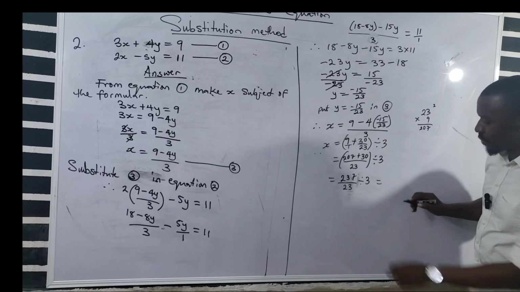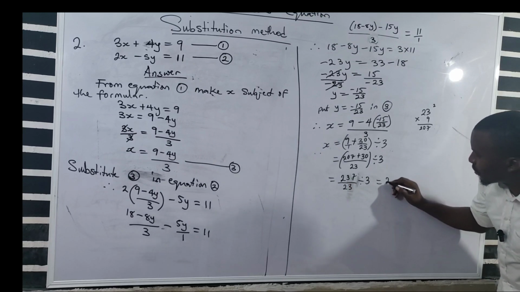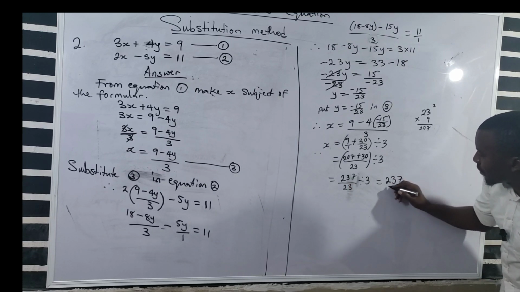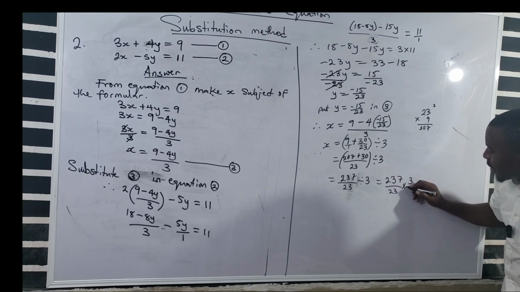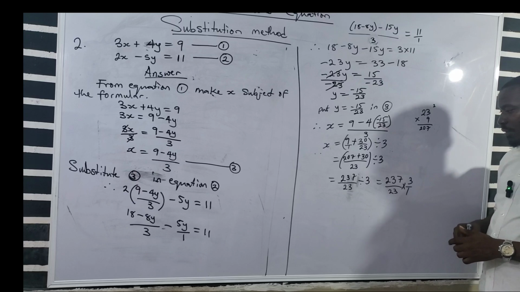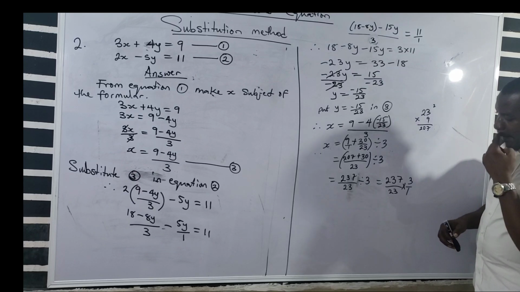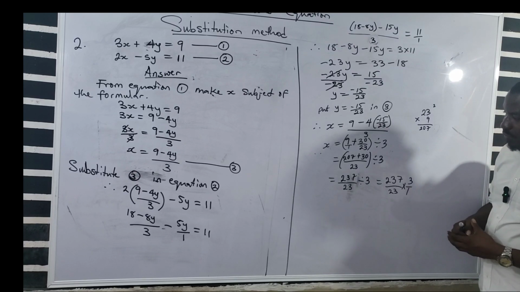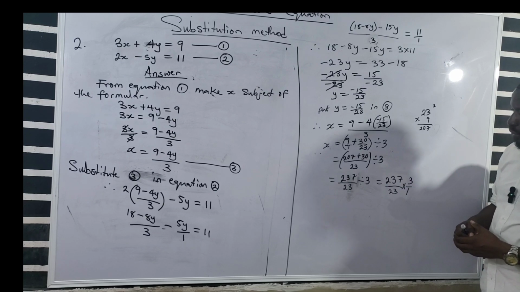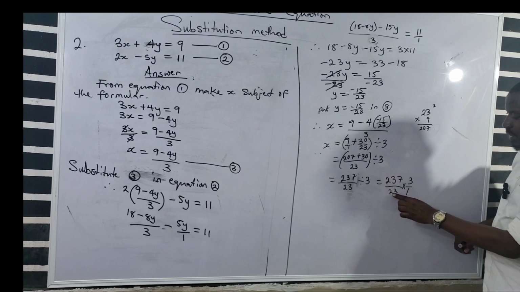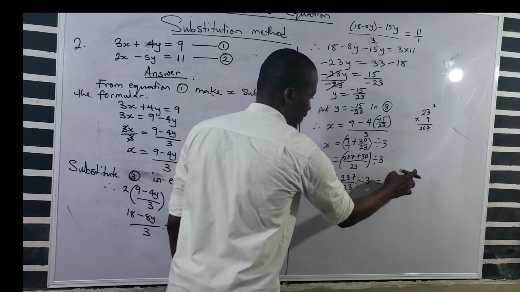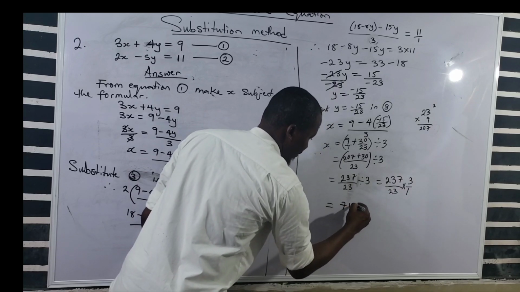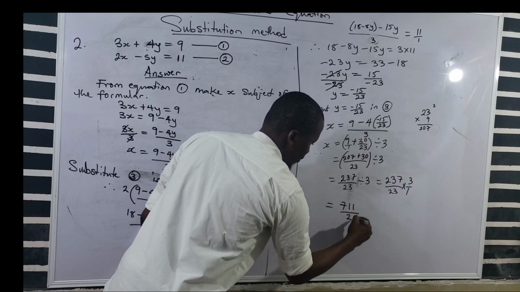So if I work on this, that will give me 237 over 23 times 3 over 1. Okay, so that's simple arithmetic which you can use your calculator to solve if you are allowed to use that. If you're not allowed to use that, just multiply and divide by 3. 237 times 3, that will give us 711 over 23.